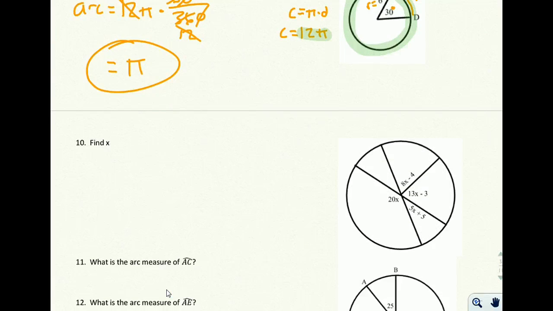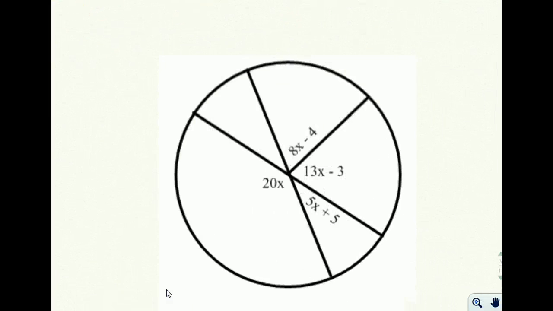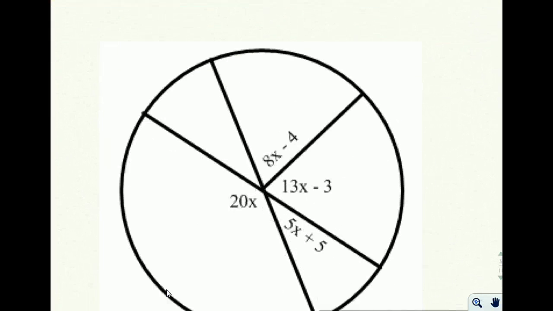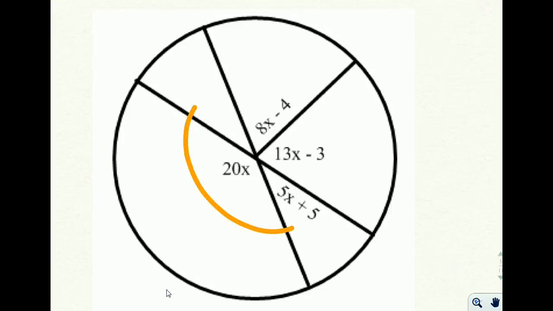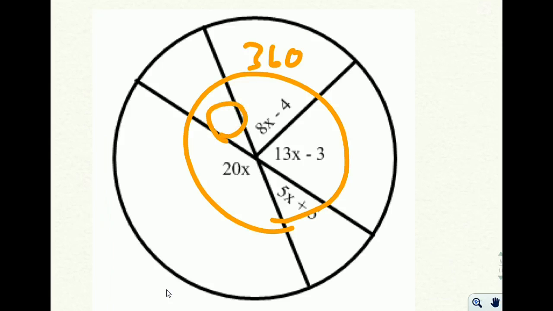Continuing on, we need to find x in this diagram. We know that all the way around it's going to be 360 degrees, so we're going to add up to 360. That plan works great until we realize that we are actually missing this angle right here. How are we going to deal with that angle?